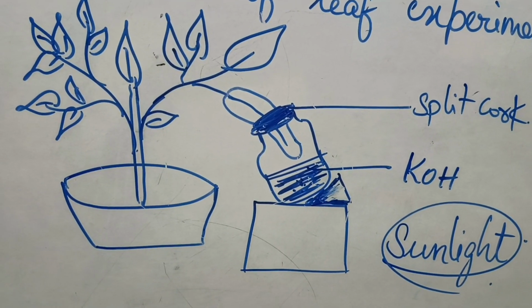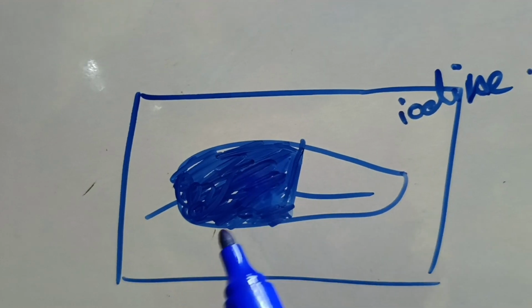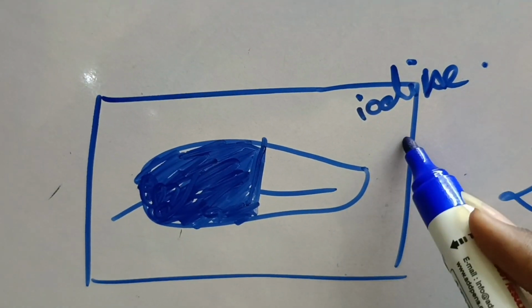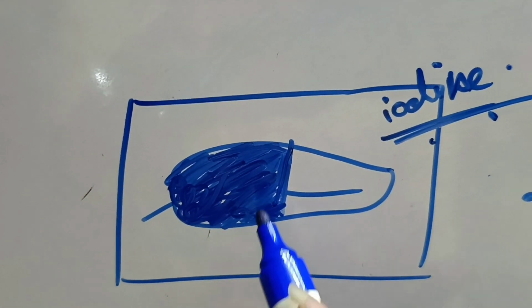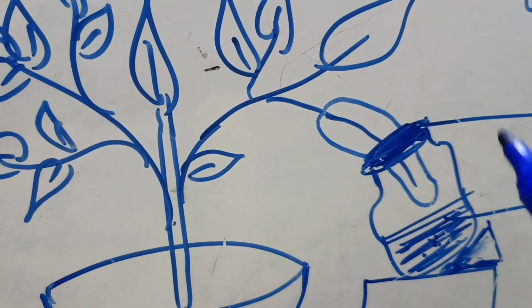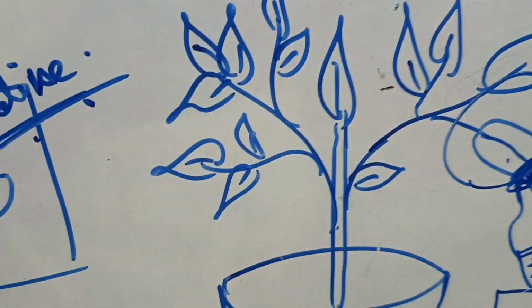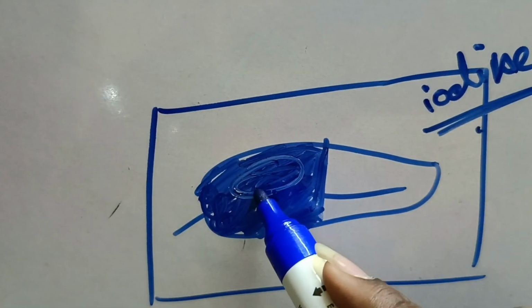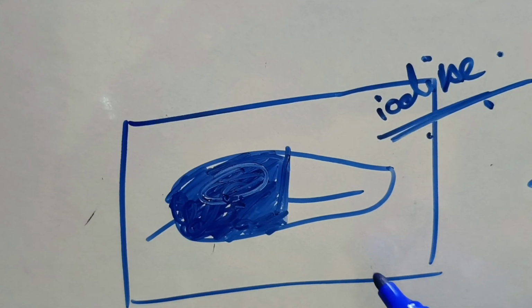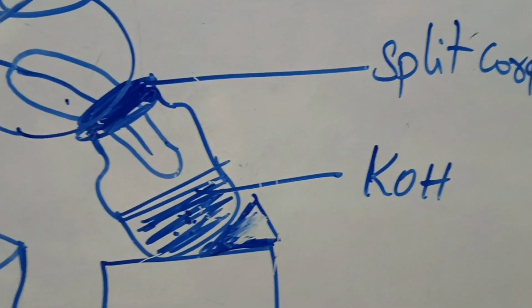When we remove that leaf and test with iodine solution, we observe the part which is exposed to sunlight turns into a bluish black color, whereas the other part which is in the glass jar doesn't change its color.